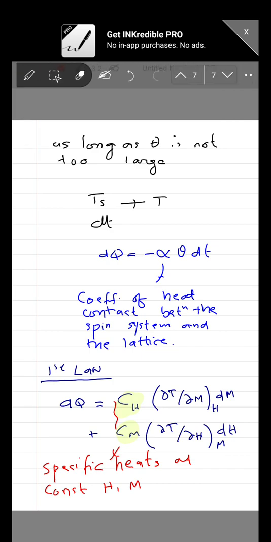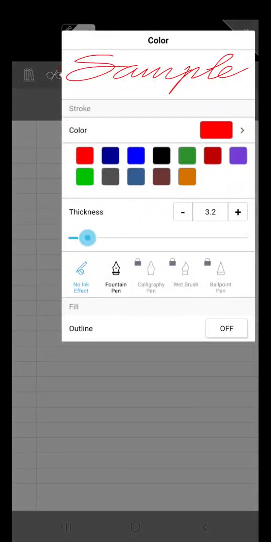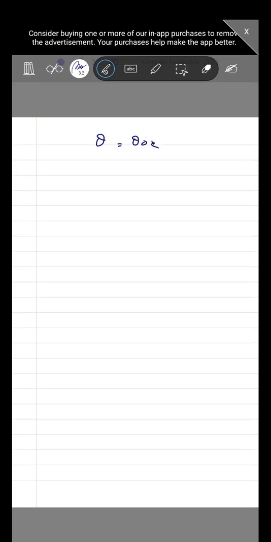So we can write the difference between Ts and T, as it is oscillating, as we have previously said. So theta can be written as theta 0 e to the power i omega t.